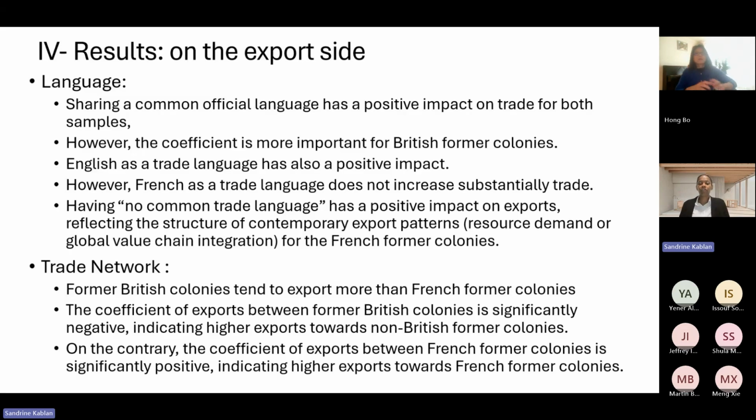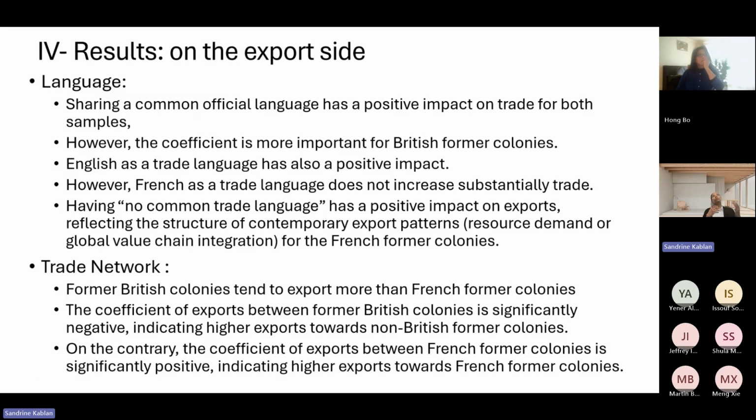On the contrary, the coefficient of exports between French former colonies is significantly positive, indicating higher export towards French former colonies. For this part, what is important to mention is really the trade pattern with the British former colonies.